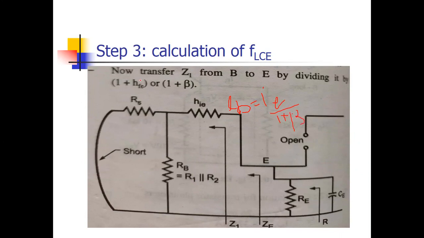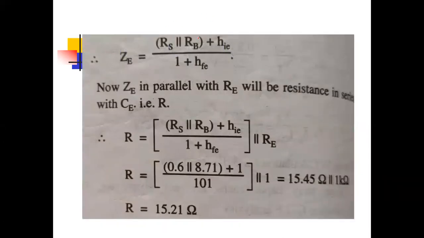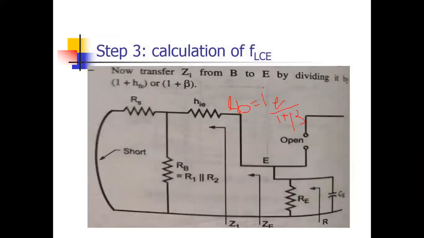What is the KVL? Total voltage across this is total resistance multiplied by IB. Here total resistance RE multiplied by IE. Since the two currents should be the same, IB equals IE upon 1 plus beta. So here we have written RS parallel RB plus hie divided by 1 plus beta. Again, listen carefully. What is the equivalent resistance here?